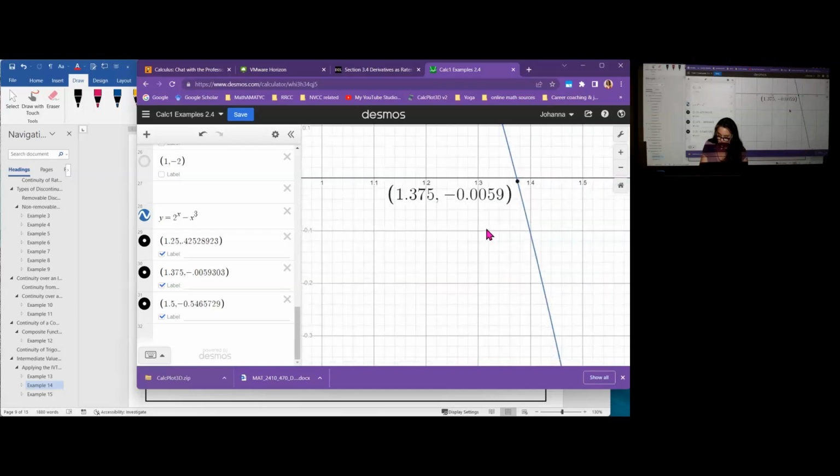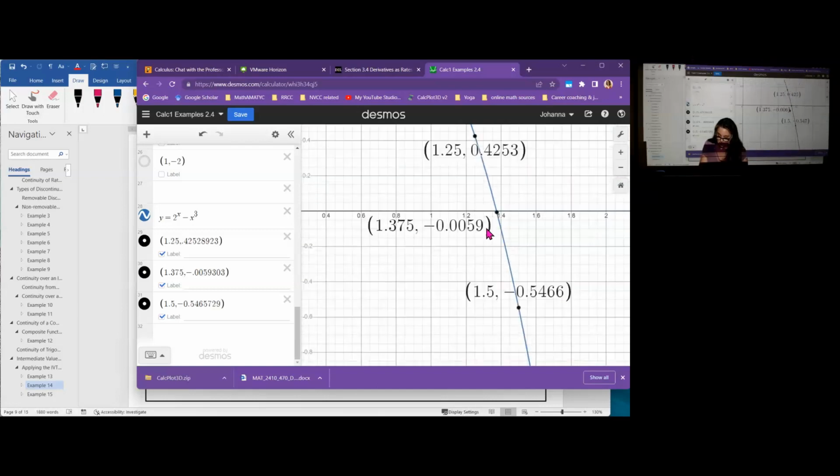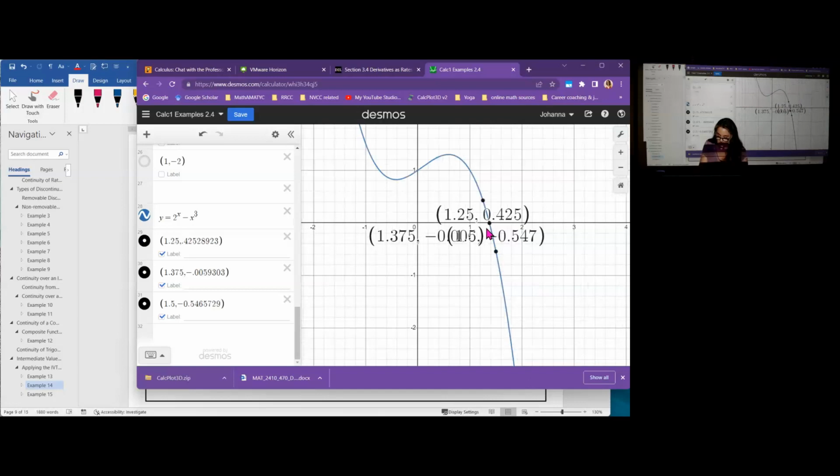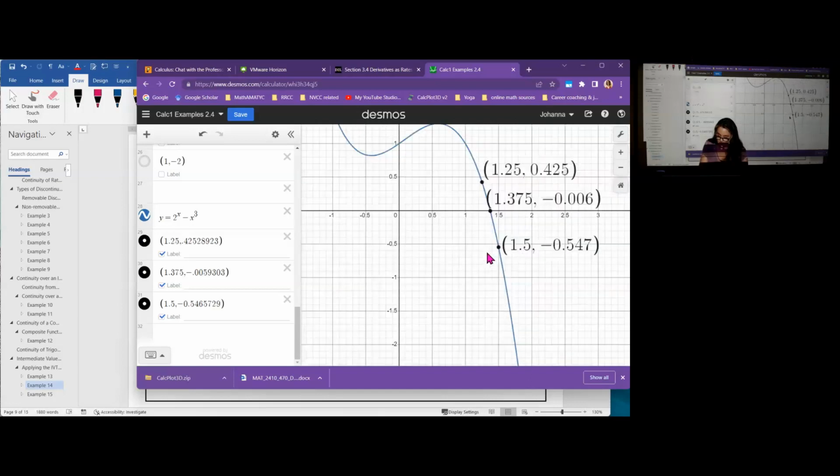It is below. And in our particular case, we notice that there is not, in fact, a solution between 1.375 and 1.5. The intermediate value theorem can't tell us it's not there. It can only tell us if one is there.